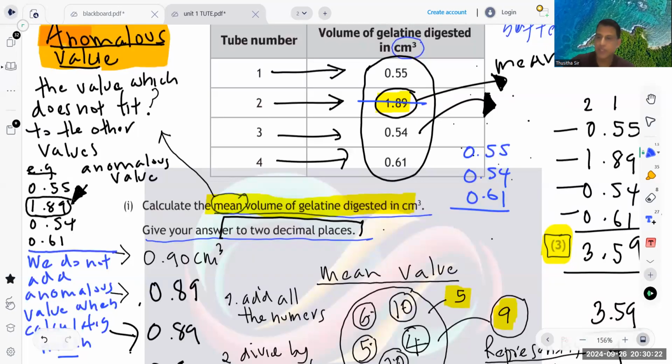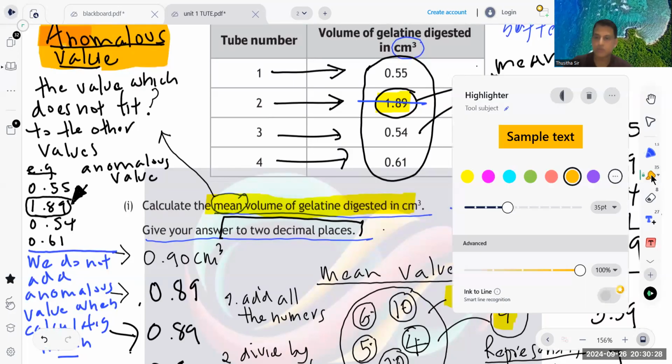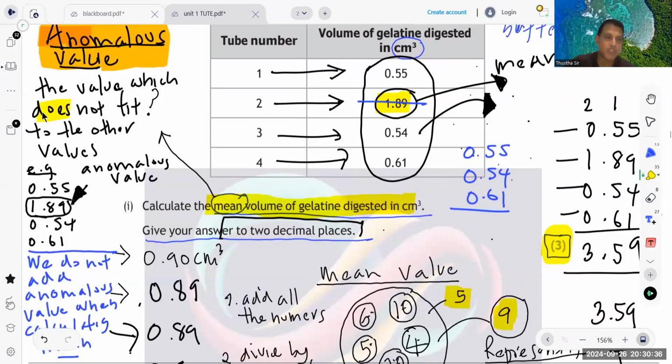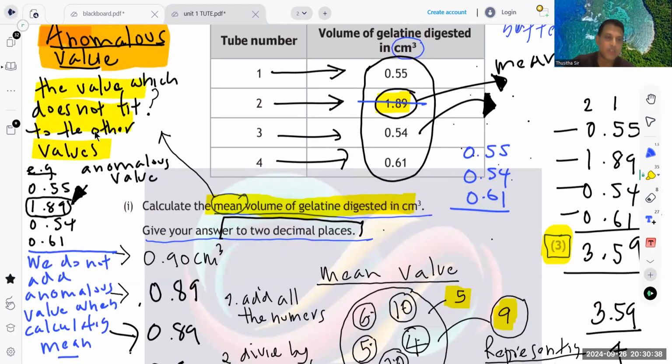So that's again very important information. You should not forget this information: the value which does not fit to the other values of the group. Example is given here, and we do not add anomalous value when calculating mean.